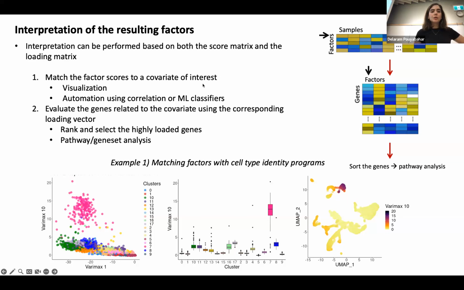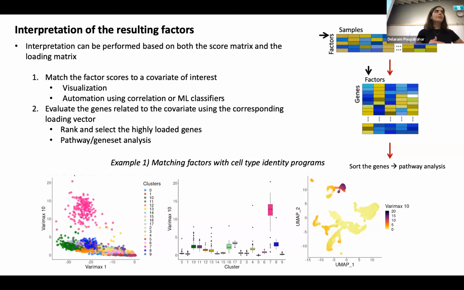You would try to predict the covariate of interest, for example, strain number 1, strain number 2. Those covariates would be your labels, and you would predict those labels based on the score matrix of the factors that you're trying to interpret.